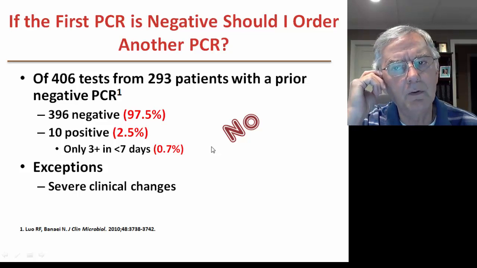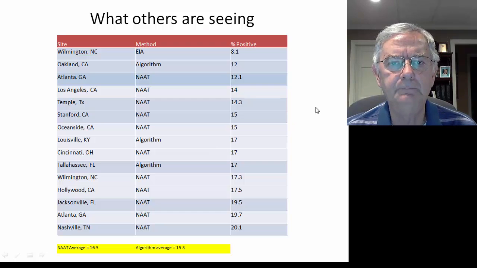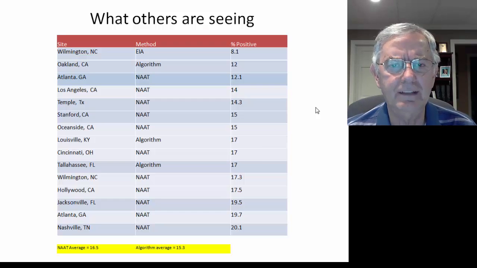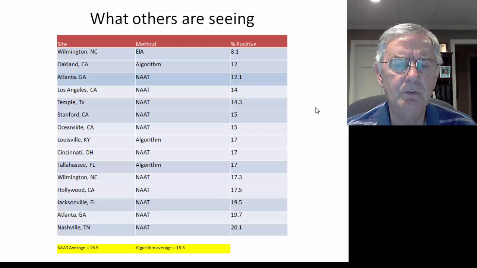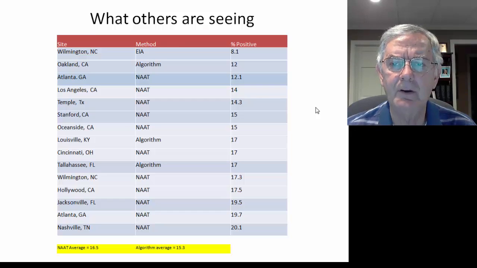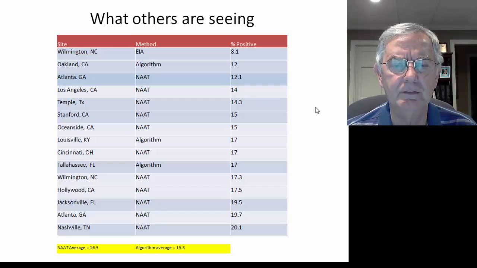If you look at what others are doing across the United States, I took a sample of colleagues' facilities in 15 different cities. Many of them used PCR alone, where you see the NAAT, the NAT there. A few were using algorithms, and one in this group was using enzyme immunoassay. And look at the difference in the percent positive that they were seeing in their patient populations.